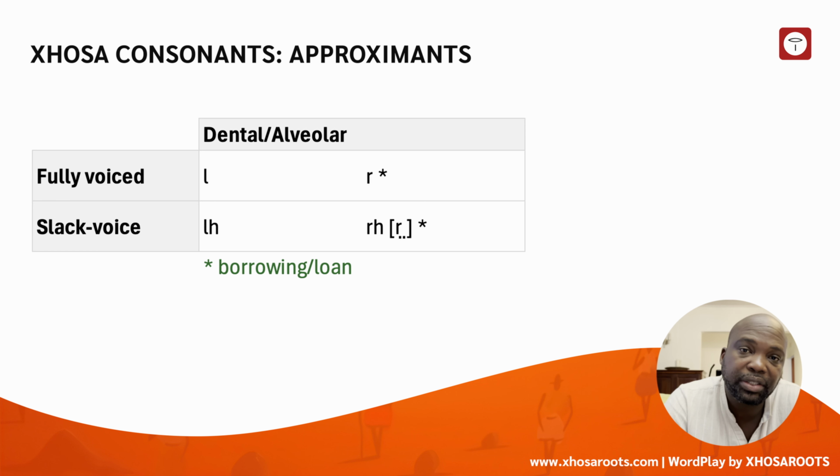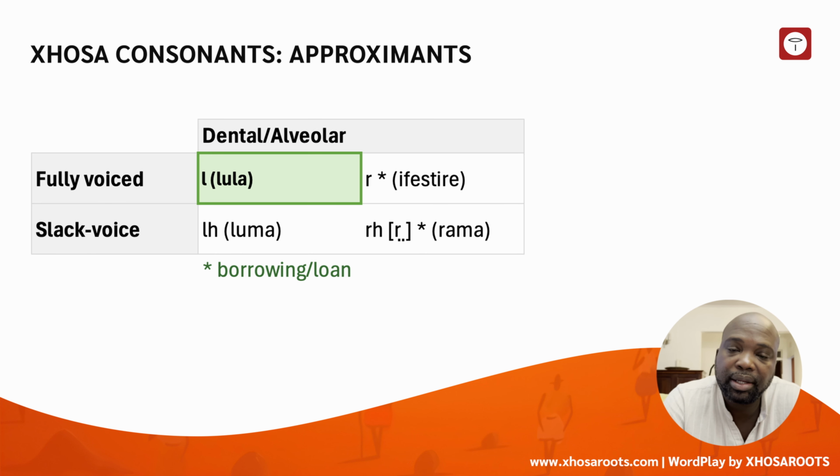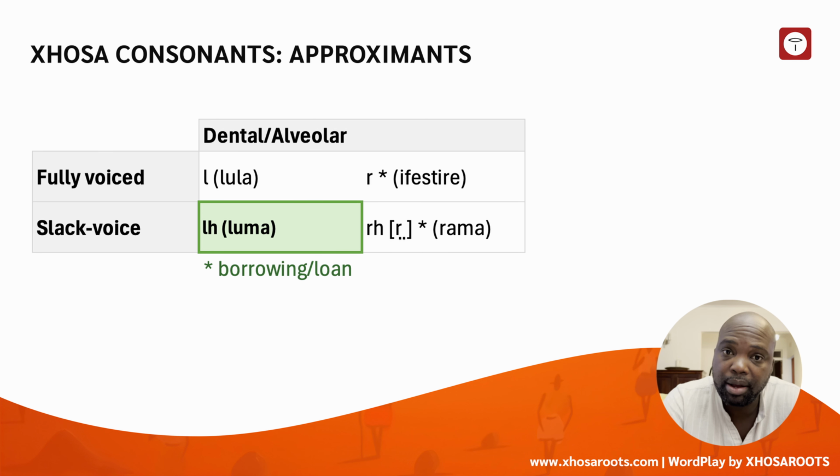So we have the fully voiced sound la, la, la, which is a dental alveolar sound. An example of that is lula, easy, or ilula, it's easy. And then we have the slack voiced version of that, as in luma, bite or take a bite.